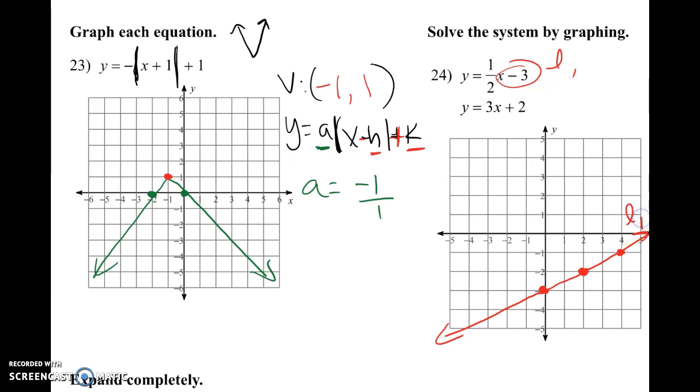I also like to label. So line 2, my starting point, my y-intercept is at 2. And my slope is up 3 and over 1. If I did my slope twice here, I would go off the grid. So I'm going to go down 3. So 1, 2, 3. And back 1, because a -3 over a -1 is still a positive 3.